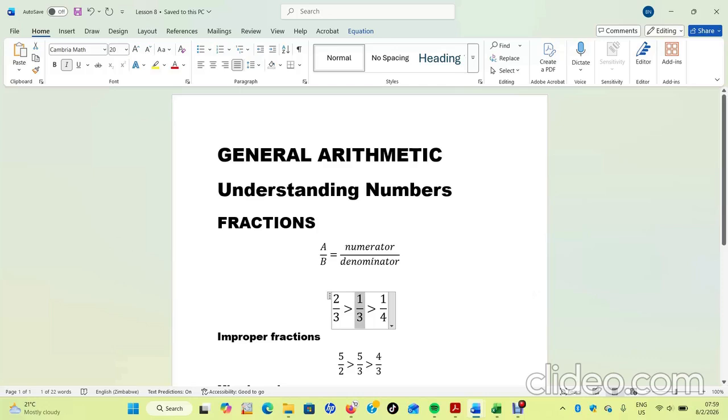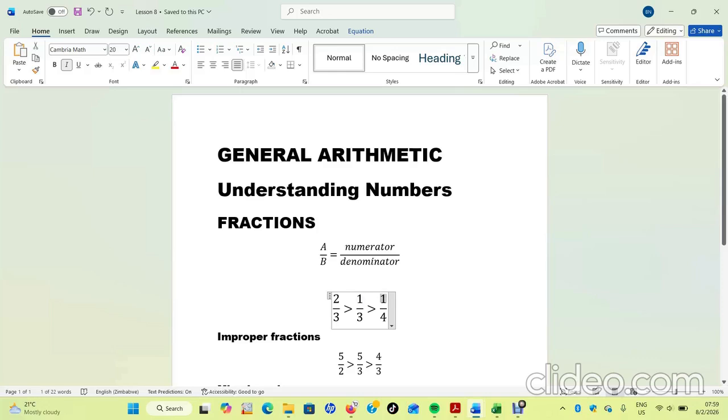Now if we have 2 over 3 and then we have 1 over 3, that's 2/3 and 1/3. You will see they share the same denominator, but because the numerator on 1/3 is less than the numerator on 2/3, it makes 1/3 smaller than 2/3.